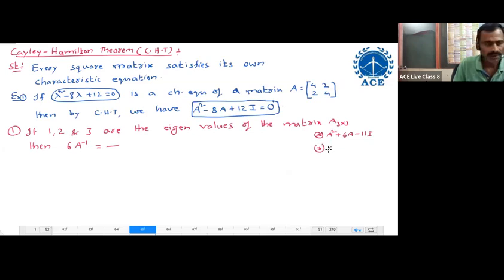Option B, A square minus 6A minus 11I. Option C, A square minus 6A plus 11I. Option D, A square plus 6A plus 11I.